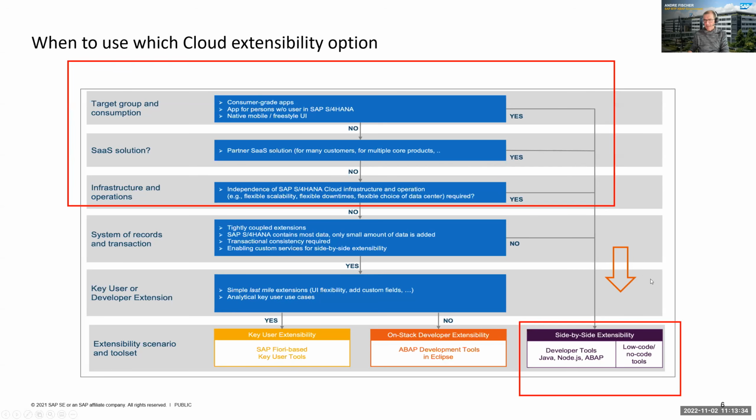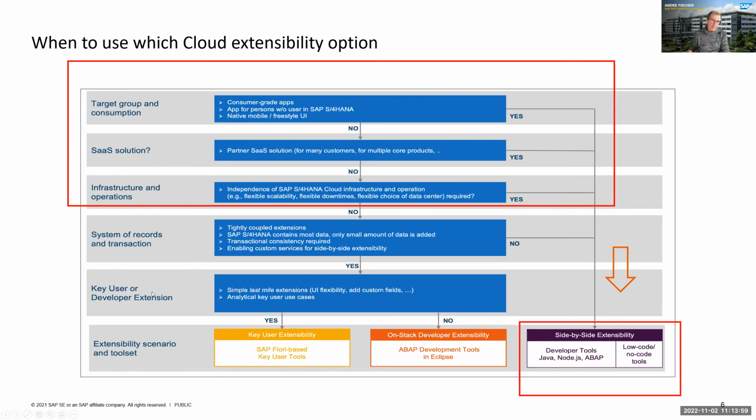That will be the recommended way to go. If you are looking for more tightly coupled extensions, then probably the on-stack development is the better choice, because you would not like to read so many data via remote APIs.